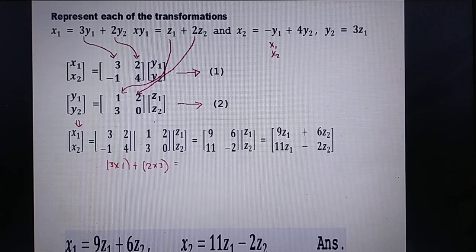And for first row, second column, this is 3 multiplied by 2 plus 2 multiplied by 0. This is 6, and that is the result.